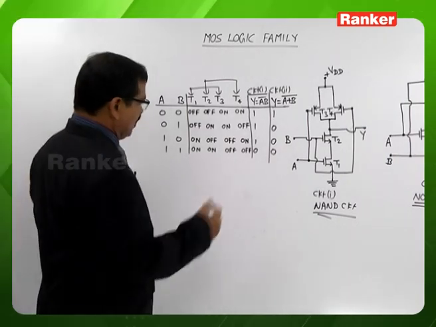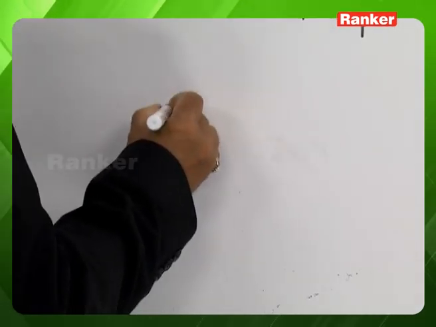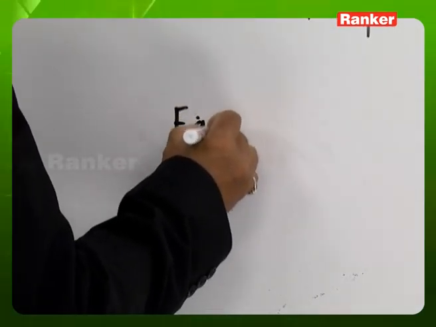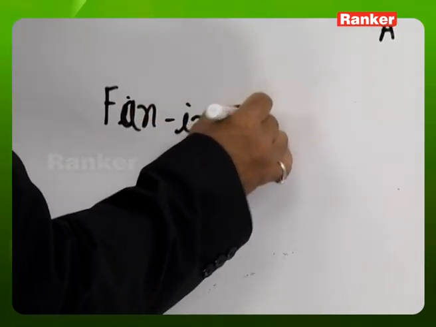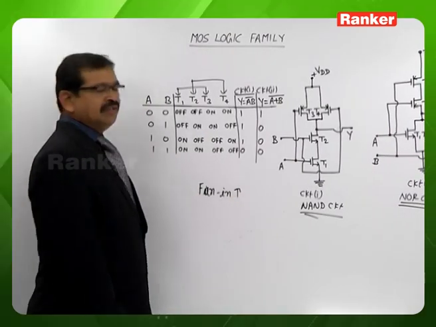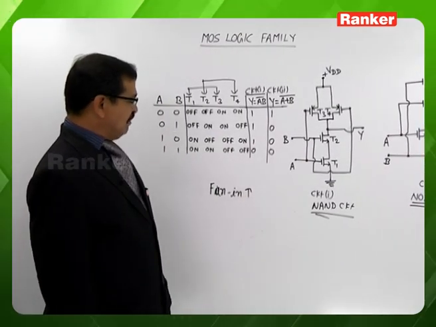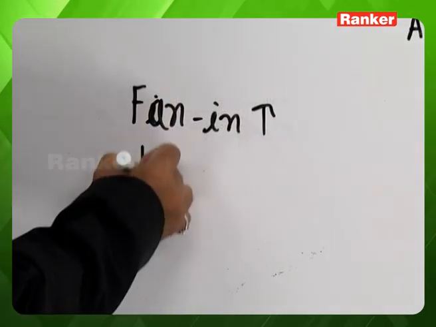The MOS logic ICs in general have high fan-in. Fan-in is high because MOS ICs have high input impedance, so the fan-in is possible to be high. And fan-out is also high.